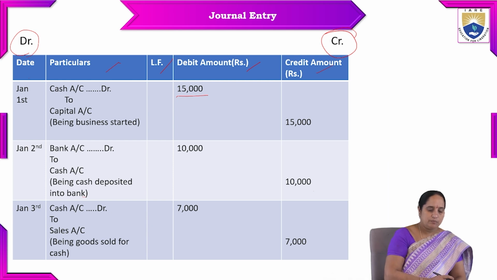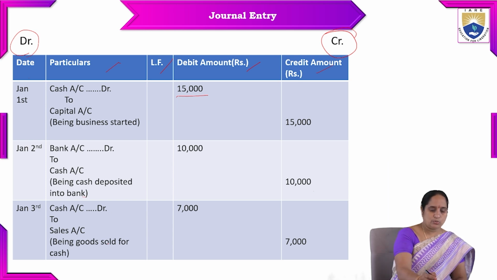Jan 3rd, goods sold for cash. So whenever you are selling the goods, this is a real account. As per real account, debit what comes in, credit what goes out. So being goods sold for cash, cash account should be debited and sales account should be credited.